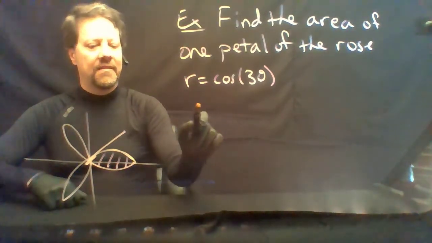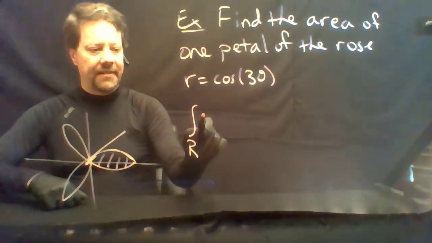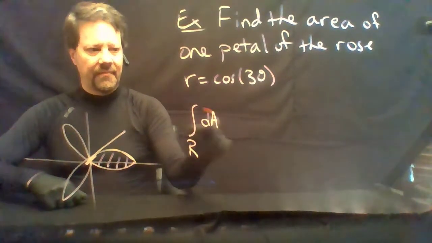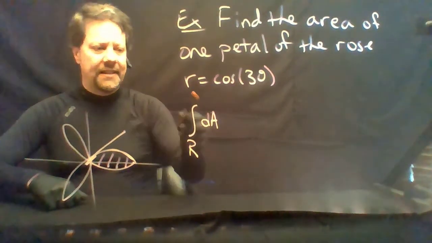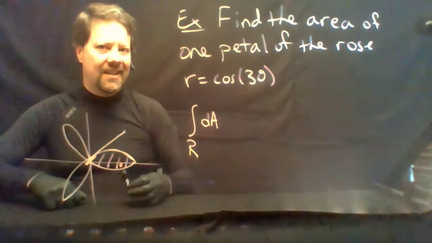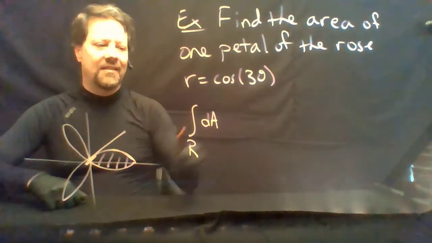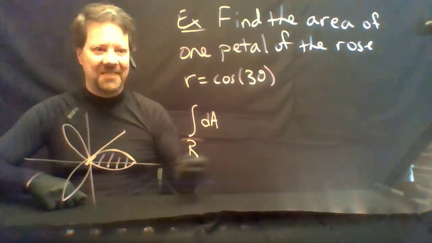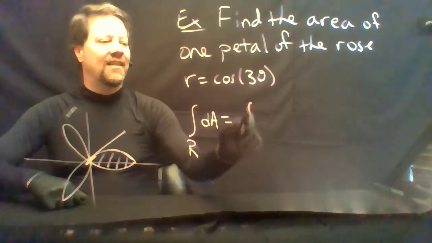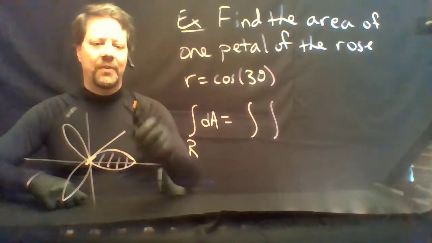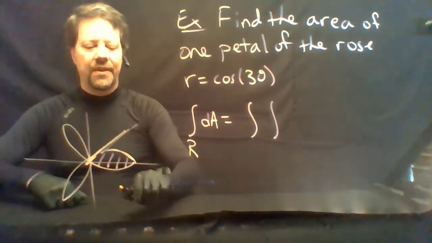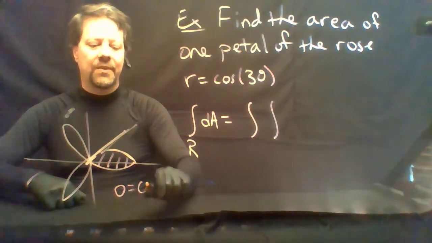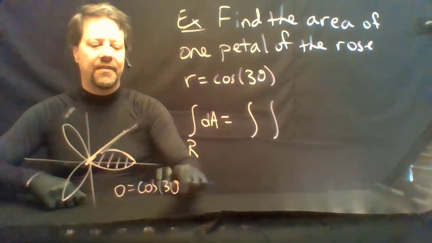So we need to find the area, which we can calculate by a double integral up against an area element. In polar coordinates, the area element is r dr d theta. We need to figure out where the curve goes through the origin, so we need to solve 0 equals cosine of 3 theta.